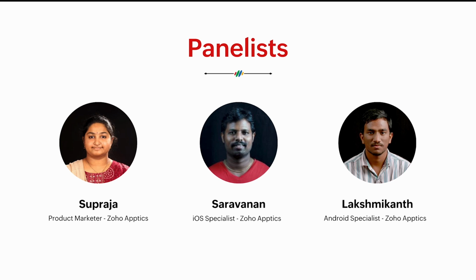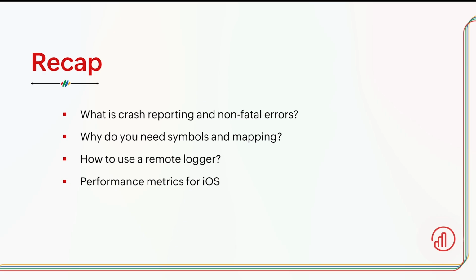And moving on, as usual, as we proceed towards our session, we usually have a recap of what we covered in our previous session. So in our second webinar, we covered the topics of what is crash reporting and non-fatal errors and how it works in Apptics.